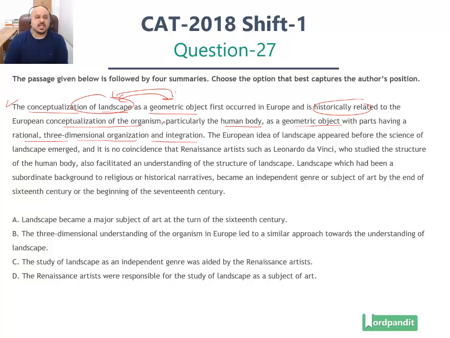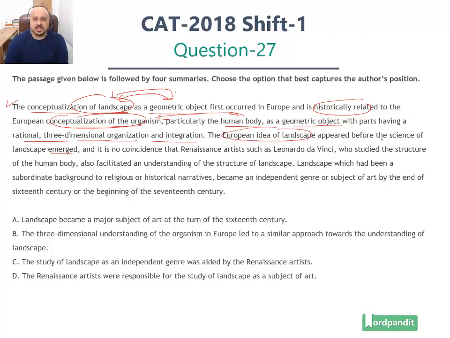So what is he equating the conceptualization of landscapes with? He's relating it with the conceptualization of the organism, particularly the human body, which further has parts to it, with parts having a rational three-dimensional organization and integration. The European idea of the landscape appeared before the science of landscape emerged.